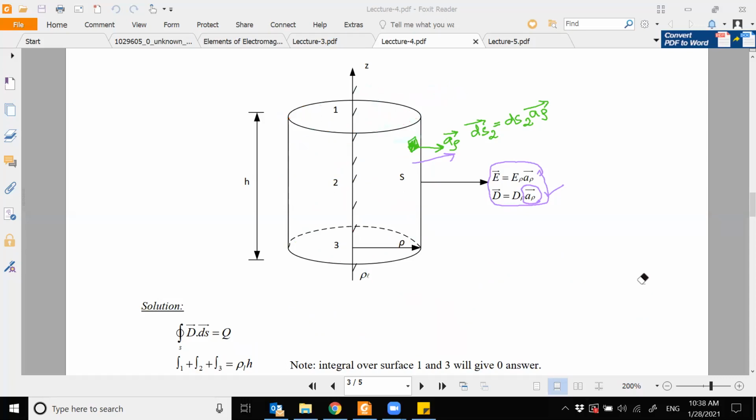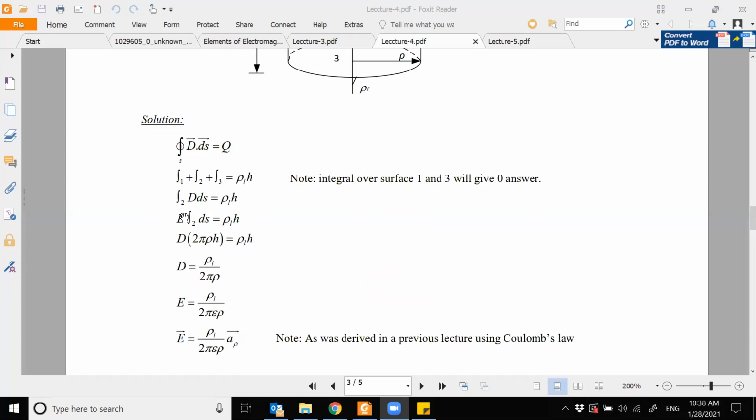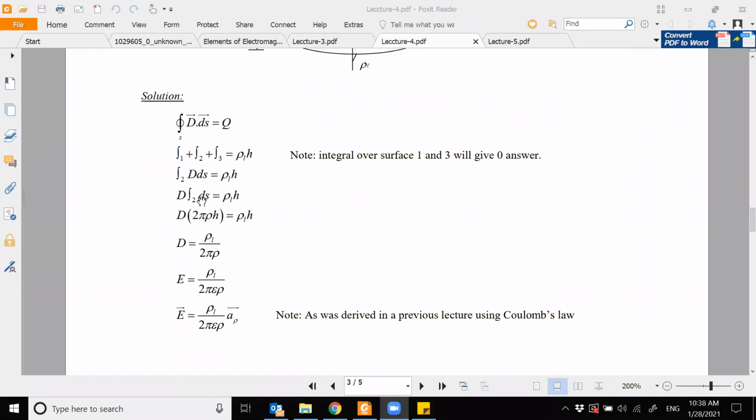Again, only this will survive, and this is rho L over H. The same thing applies, because my electric flux density I'm evaluating over the side of the cylinder is uniform over the side of the cylinder. So therefore, it will not be a function of rho, and that's why I can take D outside.